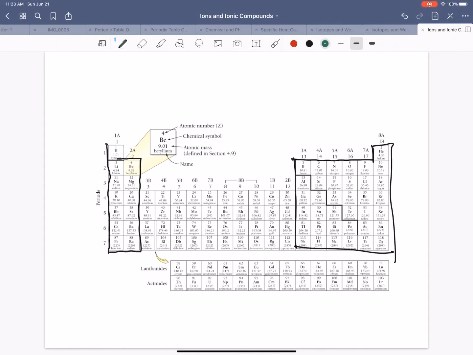But every element in group 1 is in group 1 because it behaves in a chemically similar manner. The reason they're in a family is because they have some family characteristics. And one of those characteristics is elements in group 1 lose 1 electron to form cations to become more stable. Why? So that they have the same number of electrons as the most stable elements, the inert or noble gases.